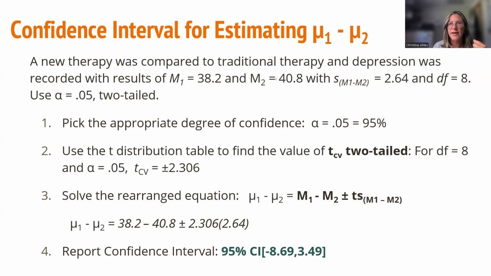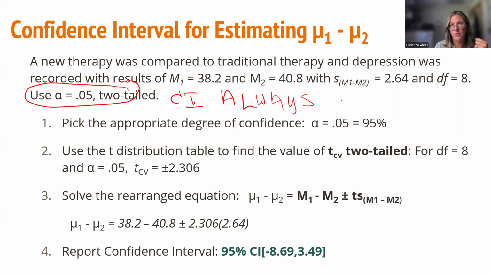So I provided all of this information. So we now have to use the two-tailed just for the confidence interval, always. So always two-tail for confidence interval, because we need that range. If you did a one-tail, it would only give you one number. We need the range, the complete distance from the lower value to the upper value.